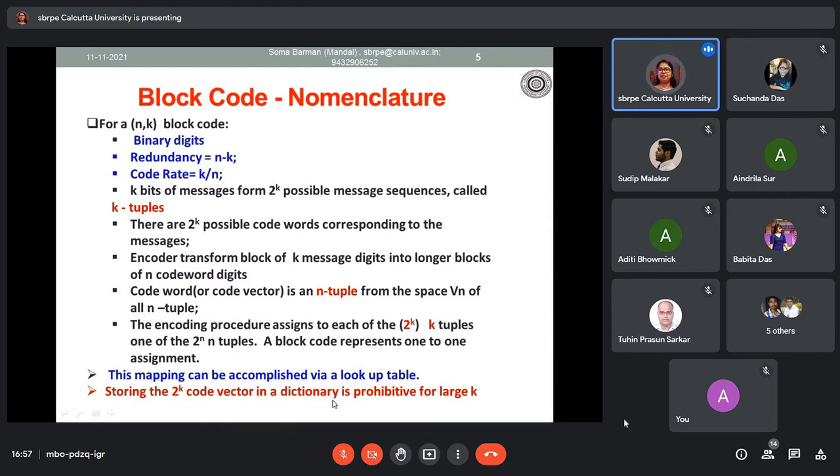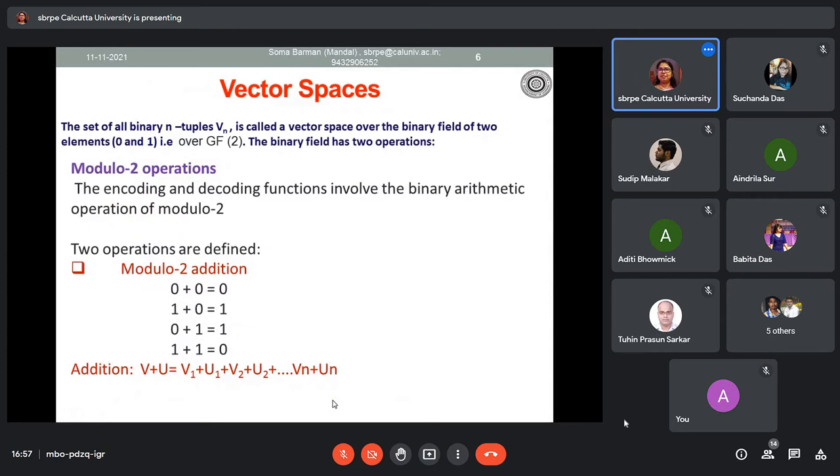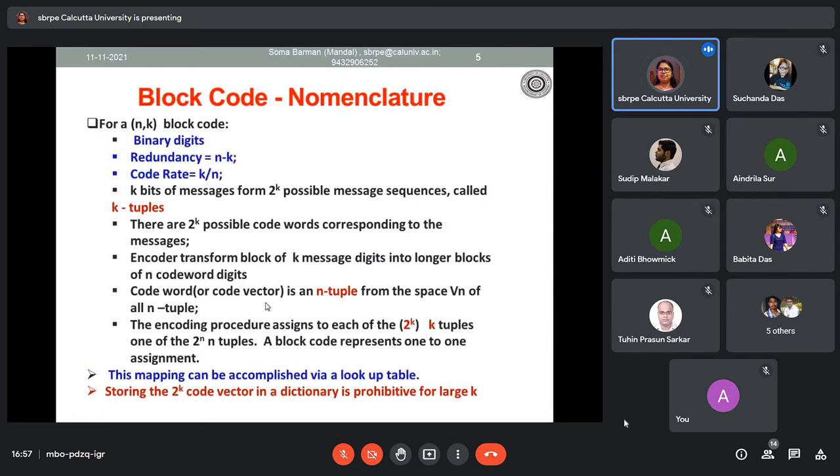If your message length is high, obviously, if it is 39, 2 to the power 39, how much lookup table do you have to store? A large amount of storage space is required. So this is a very important thing when you code the information by using the block code. Obviously you can get rid of that using some other techniques. I am coming to that thing.